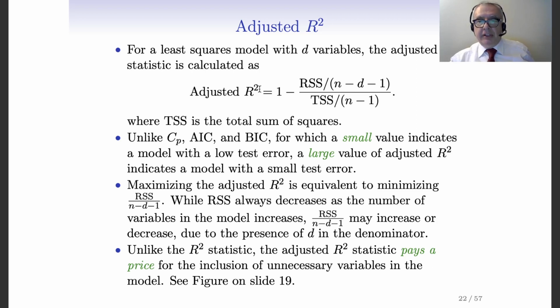So in this case, RSS is going to decrease as the number of variables increases, but the presence of these terms in the denominator at some point will make this ratio increase, and therefore we find that adjusted R squared is expected to have a maximum, and the maximum is the one that indicates the model to be selected.